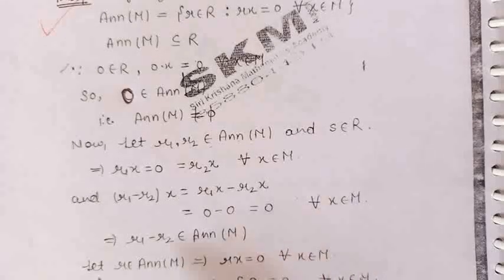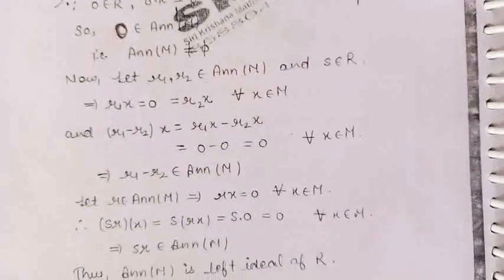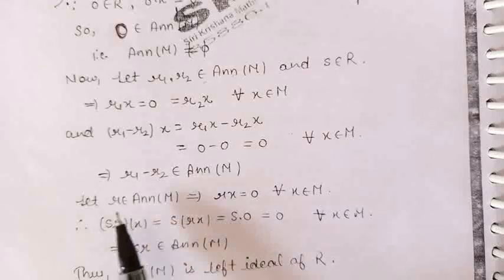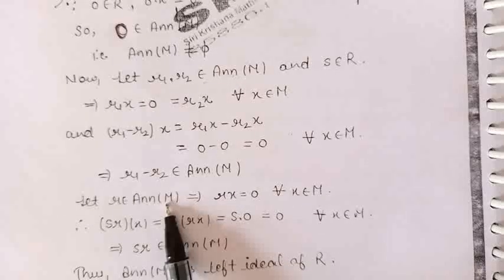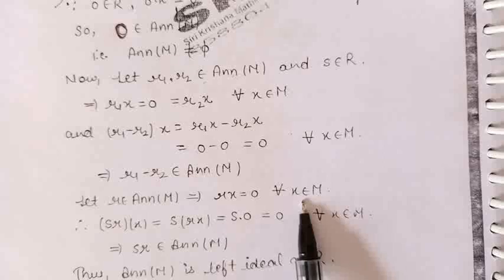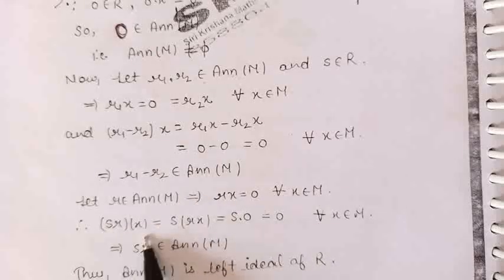Now, in the next condition, let us take an element r belonging to annihilator of M and an element s belonging to the ring R. Because r belongs to annihilator of M, by definition, r into x is 0 for every x belonging to M. We are to prove that sr and rs both belong to annihilator of M. So let us find sr into x.